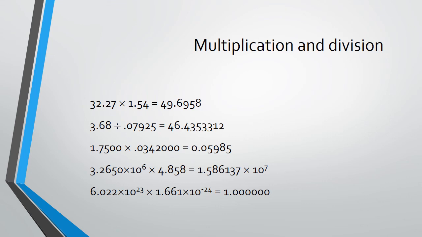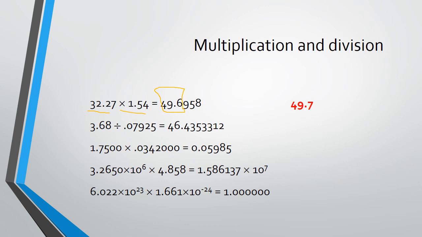Multiplication and division also is very important when you are doing some calculation. Don't forget, you always go by the lowest significant figures. Here we have 4 significant figures, and here we have 3 significant figures. So the final answer should have 3 significant figures, which means we need these 3, but obviously you have to round it, so in this case it becomes 49.7.